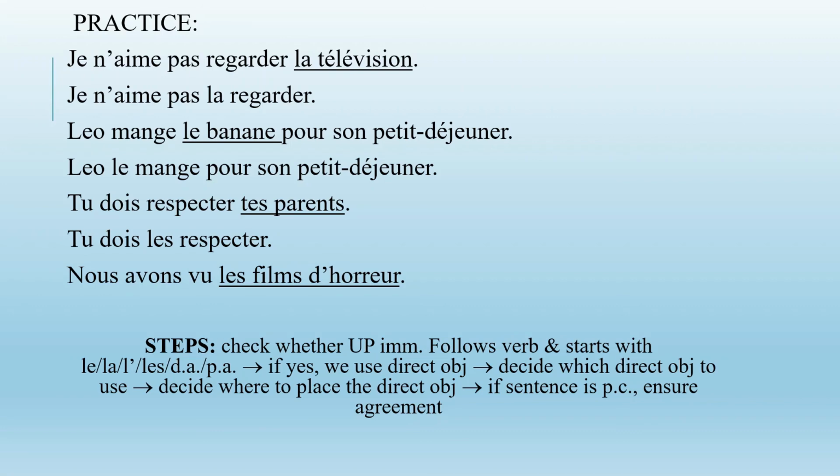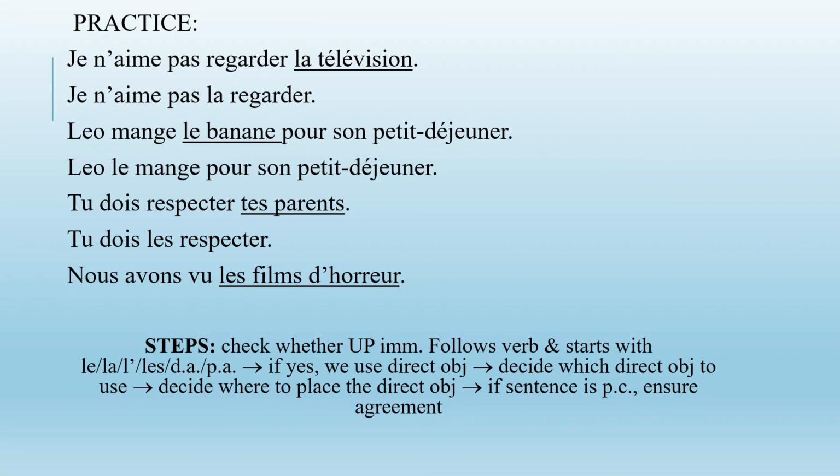Now the last example, nous avons vu les films d'horreur. Les films d'horreur is an object here because the action of watching is happening on the films. Now this is a passé composé sentence, so be a little careful. The pronoun that you're going to use is obviously going to be les because the underlined part is plural.